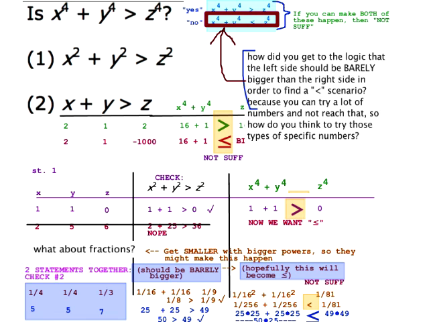So if we do that, well, 1/4 plus 1/4 is greater than 1/3. So that works for both statements. And then 5 plus 5 is also greater than 7. So as it turns out, these cases both work for both statements.